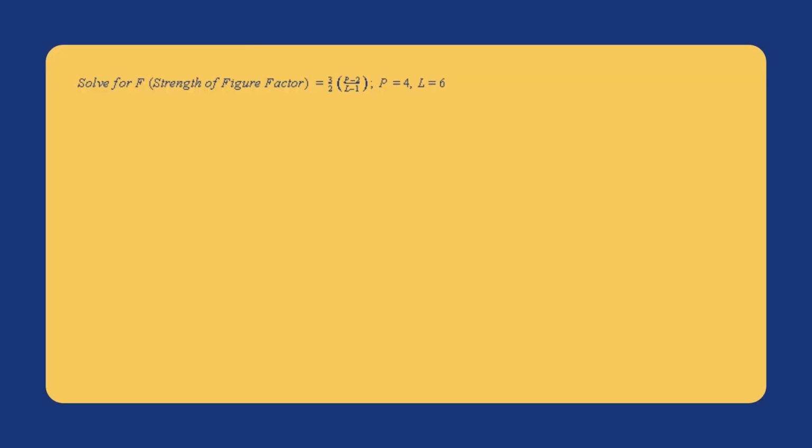In order to get the strength of figure factor, which is F, we have a formula of 3 over 2 multiplied with P minus 2 divided by L minus 1, where P would pertain to the number of stations in the figure, and L would be the number of lines in the figure. The summation component represents the difference per second in the 6th place of logarithmic sign in the distance angles.